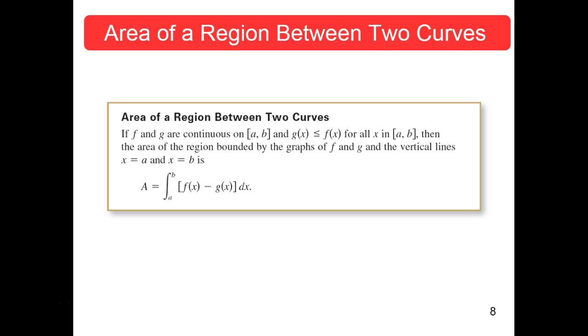Okay. Here's how they summarize that. If f and g are both continuous functions on the interval a to b, and g of x is always less than or equal to f of x for every x on a to b, then the area of the region bounded by the graphs of f of x, g of x, and the vertical lines x equals a and x equals b is given by this integral, which we just saw: the integral from a to b of f of x minus g of x.